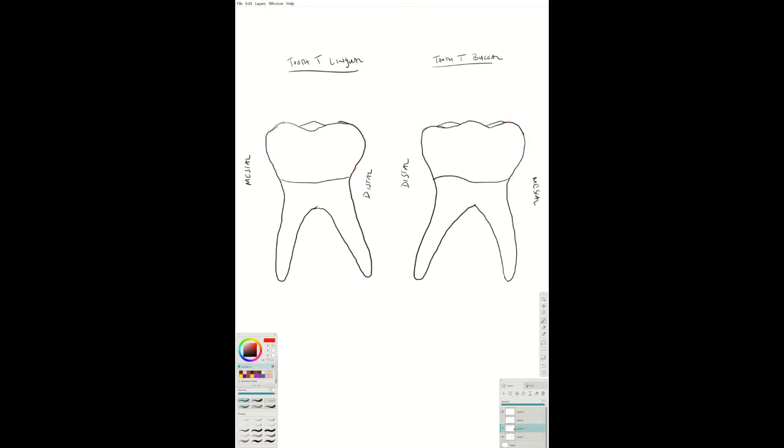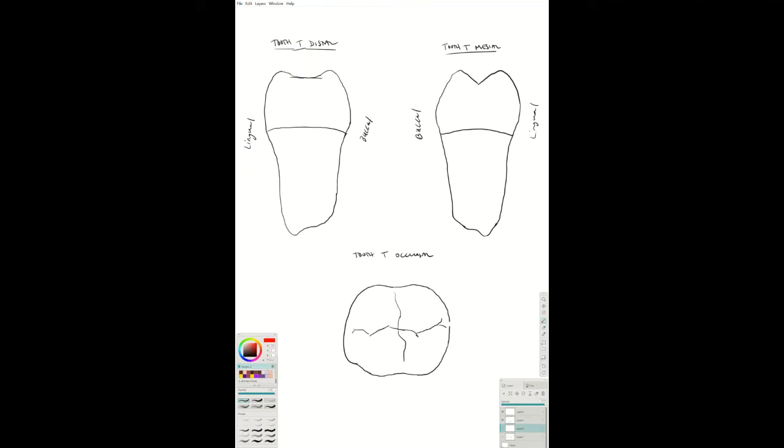So moving on, we'll jump into our distal and our mesial view. And the major thing that we're going to see here is on the buccal side.